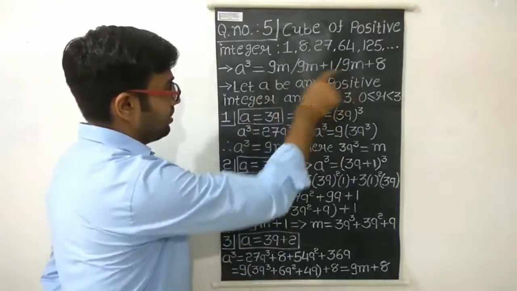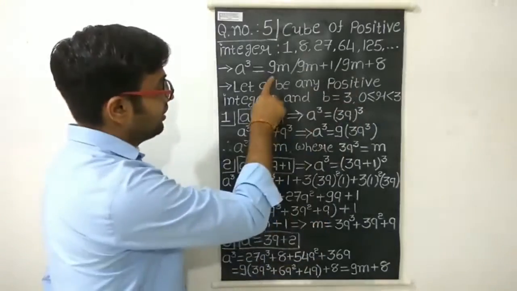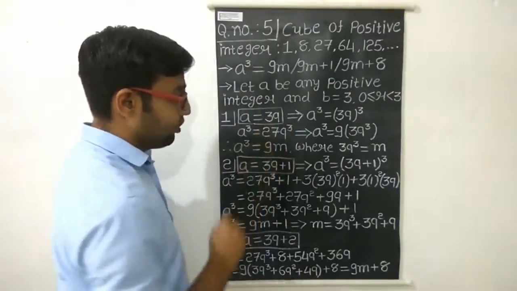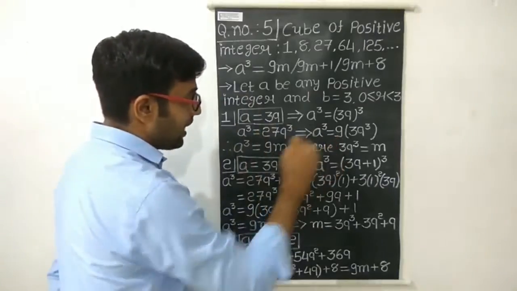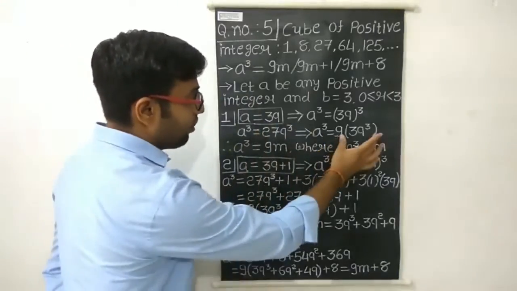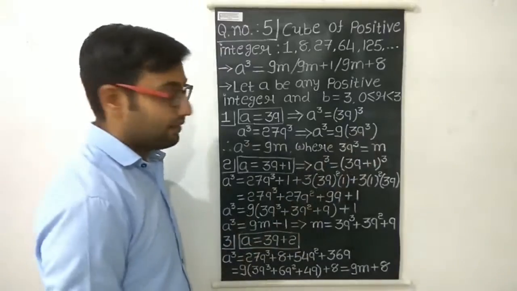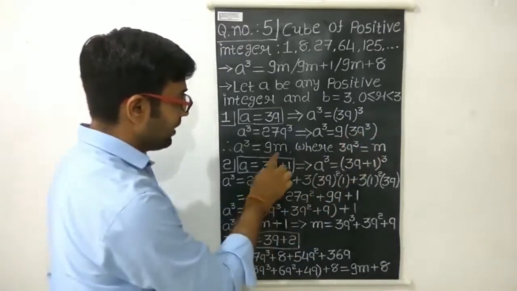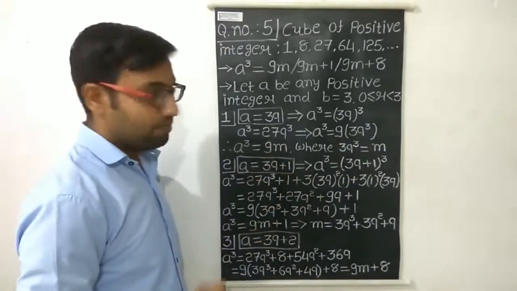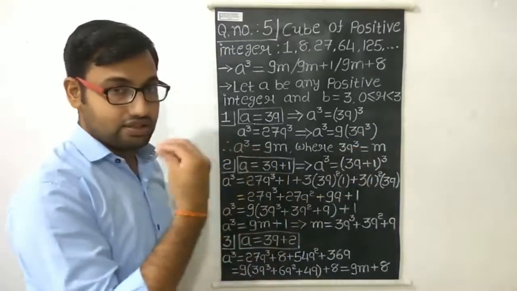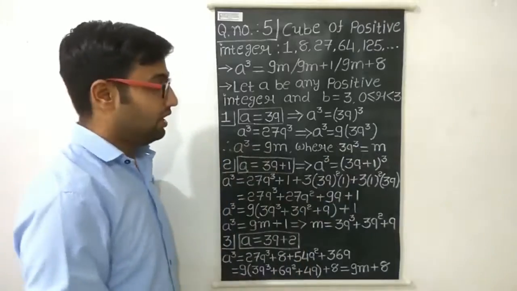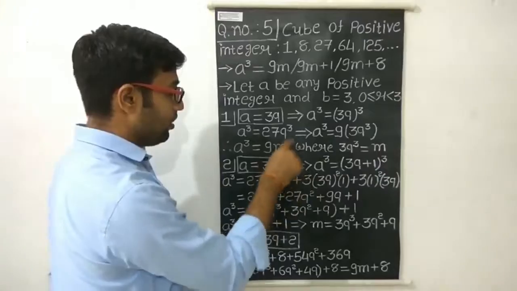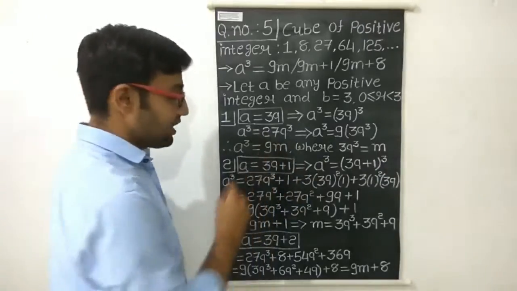Now notice the result that we have to get. 9 is there. Can we take 9 as a factor of 27q cube? Yes. By taking 9 as a factor, what will remain? 3q cube in the bracket. Instead of this 3q cube, what can we write? m. Because 3q cube has some value that is a positive integer, and instead of this positive integer we can put another positive integer, let's suppose m.